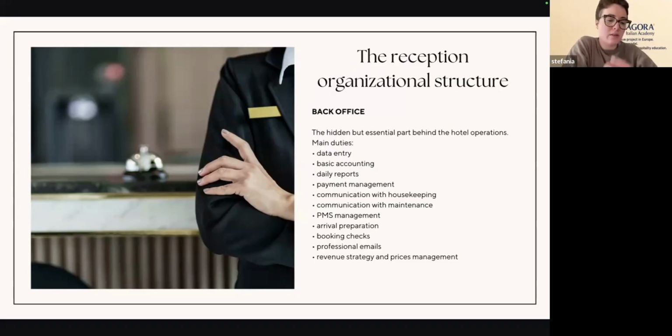Basic accounting. Basic accounting means, for example, as we will see in next lessons, checking if all the accounts made on the day from the front office are correct, if the total of cash, credit card, bank transfer is correct, in order to send it to the accounting department.